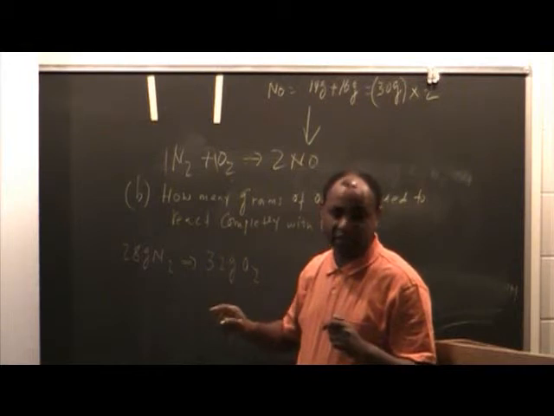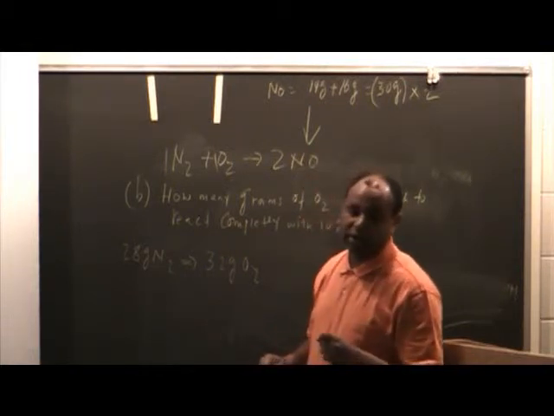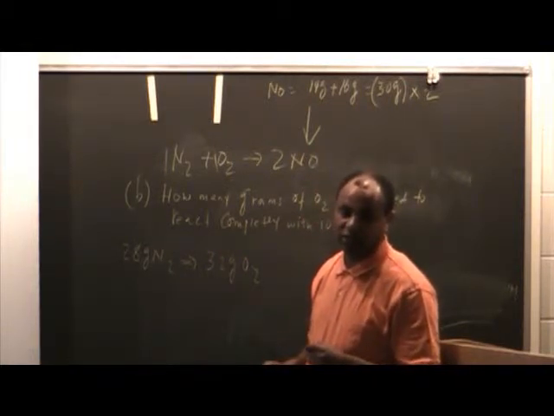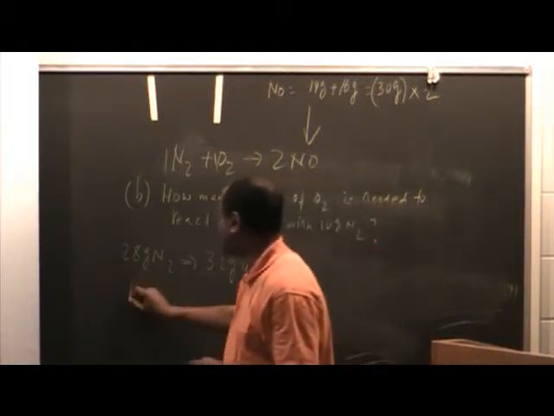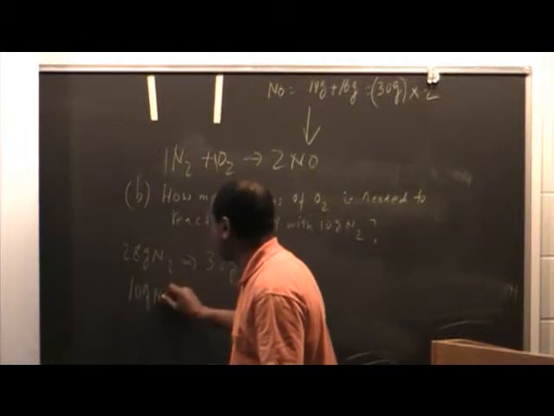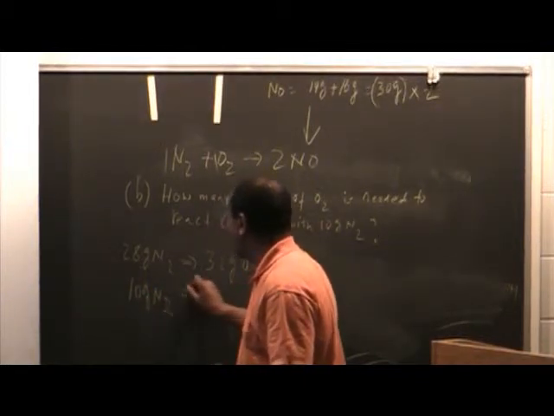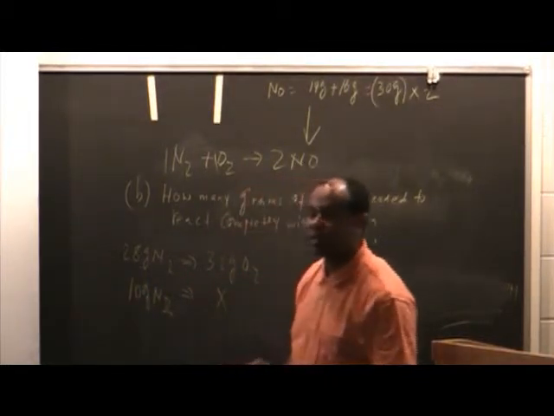So every 28 grams of nitrogen requires 32 grams of oxygen. Then, if I have 10 grams of nitrogen, how many grams of oxygen should I need?